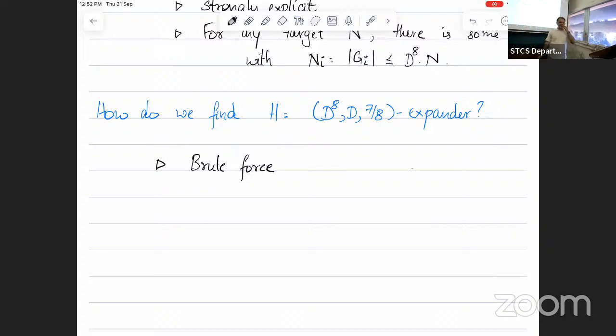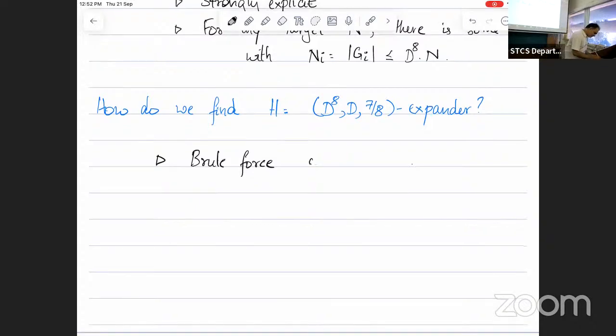But you could do LPS in the following sense. You only care about it for constantly many vertices. Write down the graph, look at the spectral gap, just compute the eigenvalues for it. Okay, so this is the first option as to how you find this H.